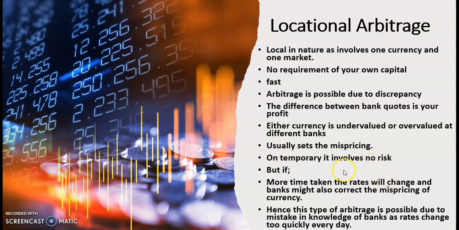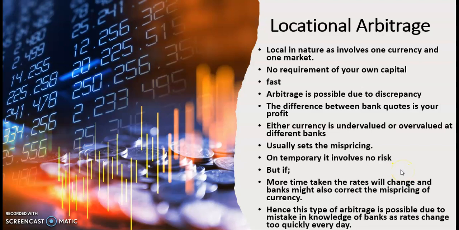But the bad thing about it is that it is not going to stay forever. There is a risk involved just for the time being. If you are not capitalizing quickly within a shorter period of time, then definitely the arbitrage will vanish very quickly and you won't be able to notice it at all. So the window of opportunity is open for a short period of time and you have to capitalize in between and not take a longer period of time, because it's temporary.